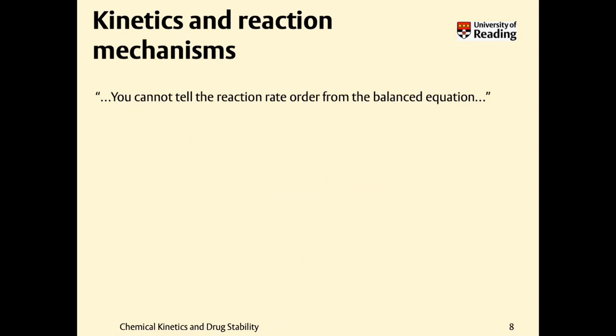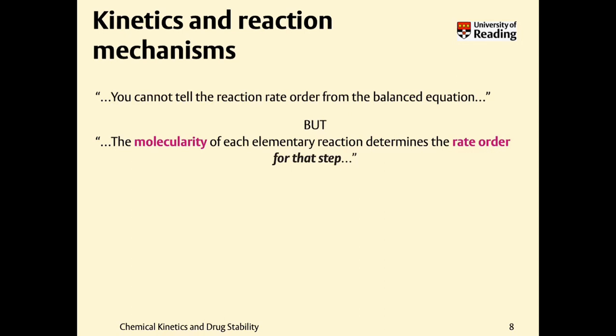What you need to remember is you cannot tell the reaction rate order from the overall balanced equation. Okay, we've said that, I think, in every lecture now, so it's really important to remember that. The molecularity of each elementary step determines the rate order of that step.